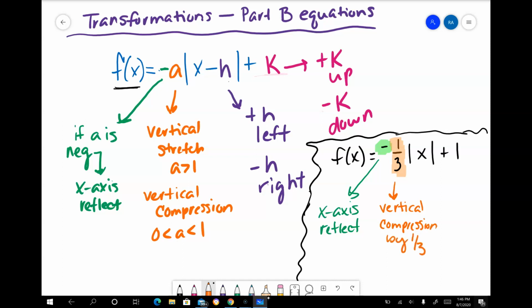Okay? Now, is there an H value? No, there is no H value. There's no x plus or minus anything. So we're going to skip H. And there is a K value. There is a K value of +1. So we're going to say that that means up 1 unit. Okay?